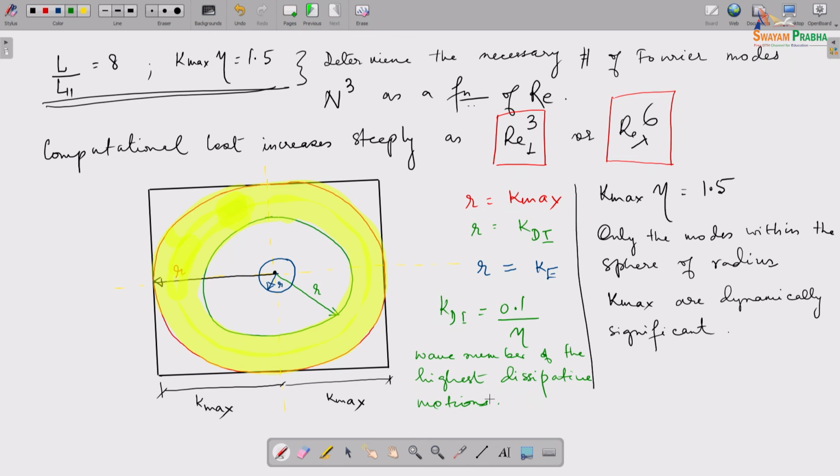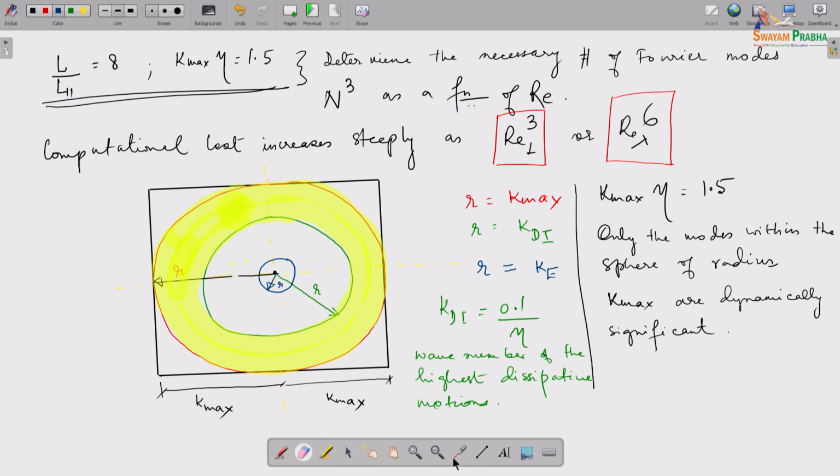Now within this k d i, within this sphere, this is the sphere that I am talking about.